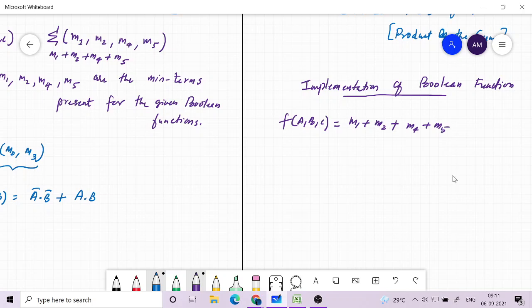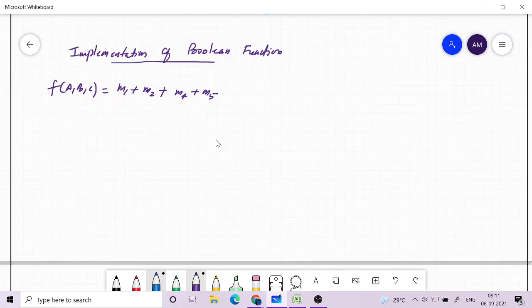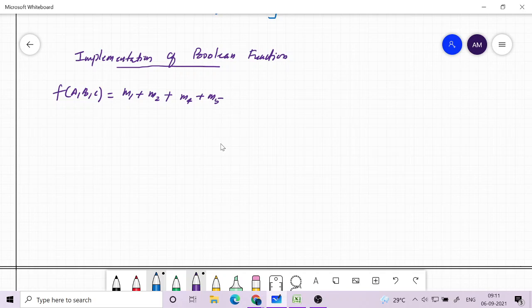So if I write the Boolean function in SOP form, this is canonical SOP form, and if I want to implement it, each min term I can implement by using an AND gate, and then I use an OR gate to combine all these min terms. That is the plus operation I will implement with an OR gate, and each min term m1, m2, m4, m5 I can implement using an AND gate.